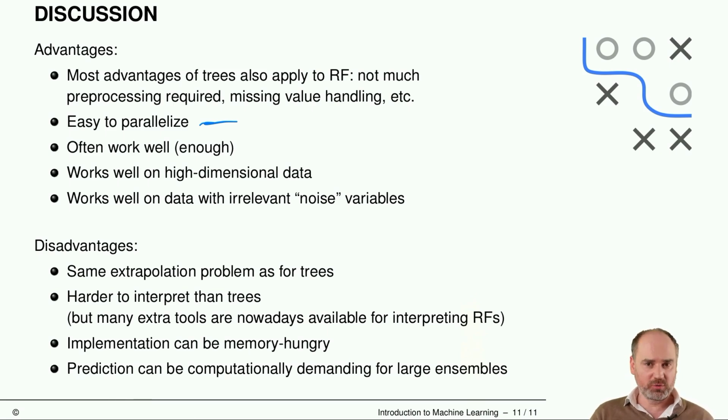It really often works well enough. So if you take a reasonable approach for a given data set, where you would maybe start with fairly simple models, so maybe linear models, maybe trees, maybe GAMs, and they don't work well enough, and you're a little bit unhappy about that because you would like to use an interpretable model on that task, but the models are not good enough, and you also care a lot about predictive performance.